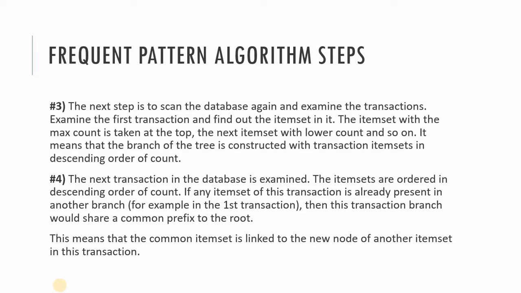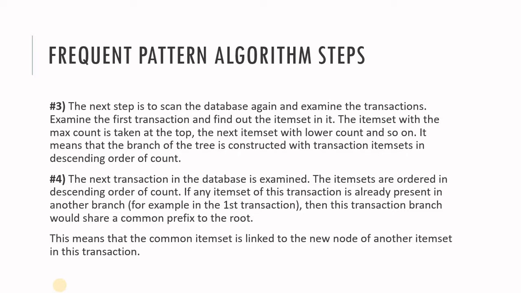The next transaction in the database is examined. The next item sets are ordered in descending order of count. If any item set of the transaction is already present in the branch, for example, the first transaction contained 2 values, suppose A and B, and in the second transaction B is already repeated, then the transaction branch should share a common prefix of the root.